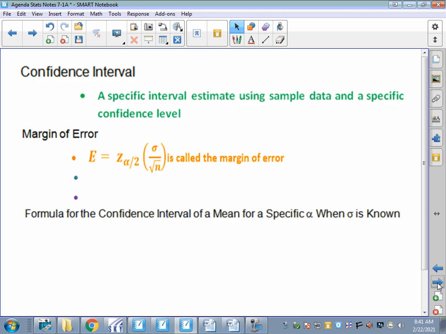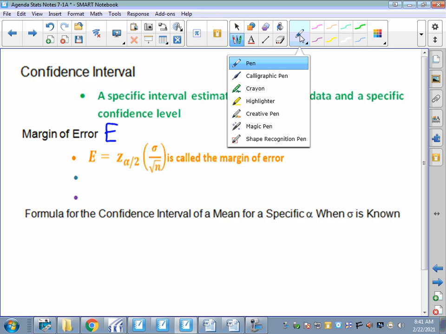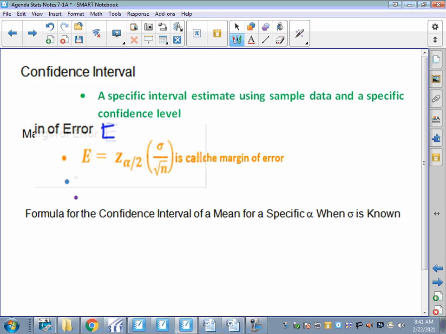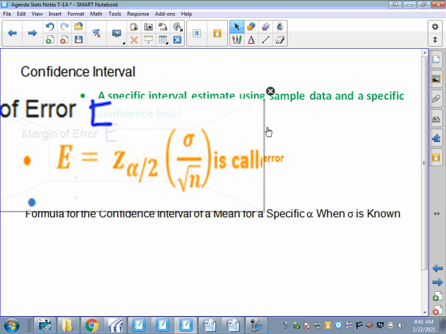E, margin of error, capital E, is equal to, don't be overwhelmed by all of this business right here, E is equal to z-score of alpha over 2 multiplied by our population standard deviation over the square root of n.